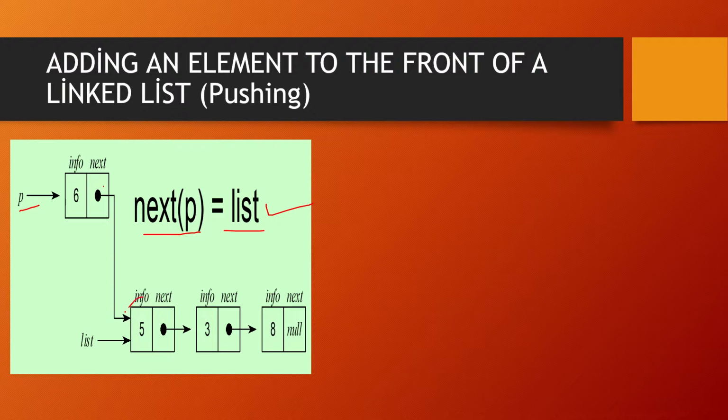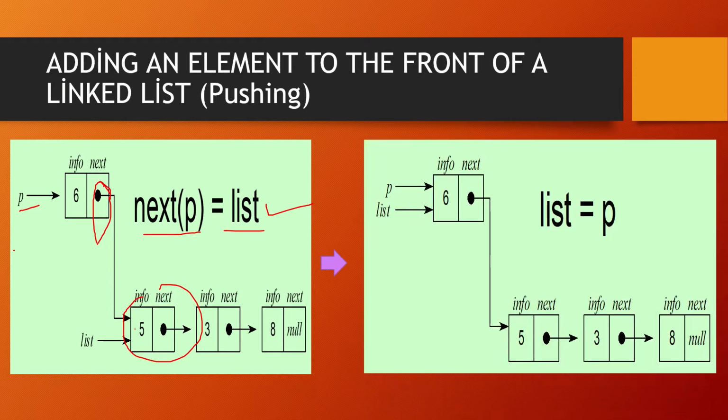List is pointing to this node, so we copied the address of this node into the next part of P. Next, we copied the address of P into the list, that is, list equals P. Earlier, list was pointing to this node, but after the execution of this statement, list will point to this node.